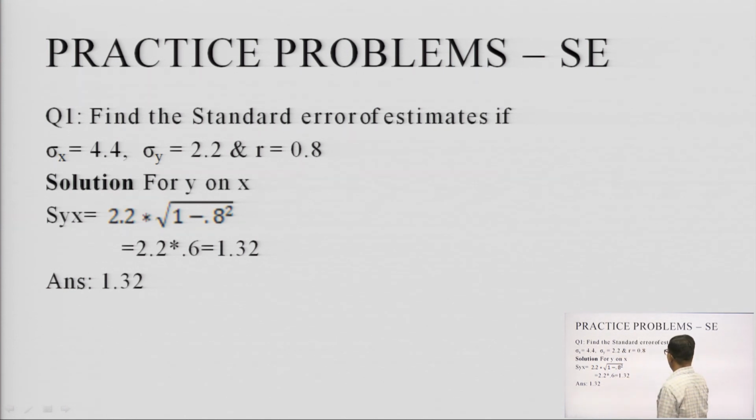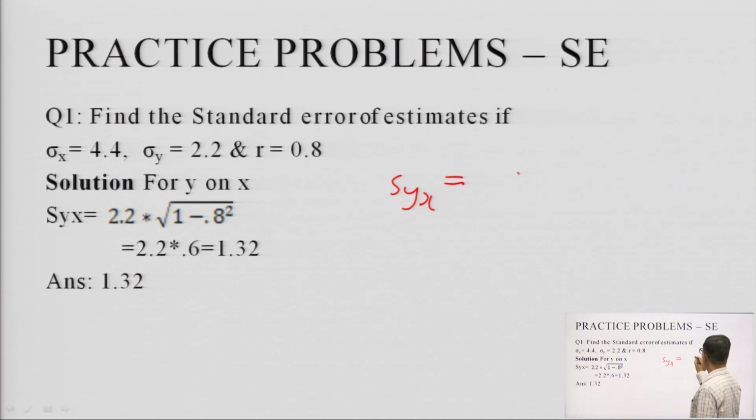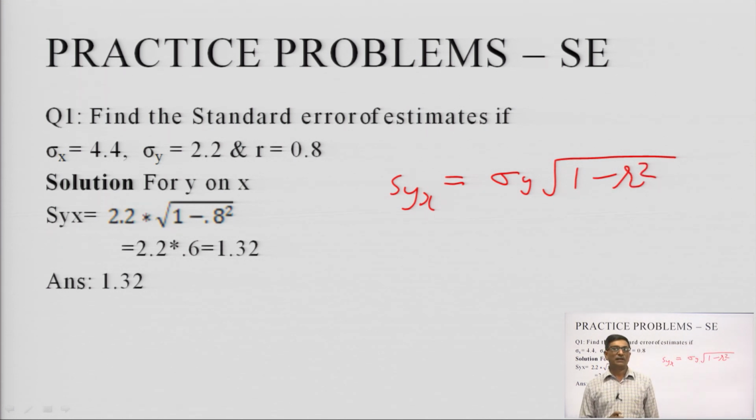As we know the formula, s y x, the standard error of estimate of y on x, is sigma y under root 1 minus r square. So, sigma y is the standard deviation 2.2 and r is 0.8. On solving this, we find the value of standard error of estimate of y on x is 1.32.